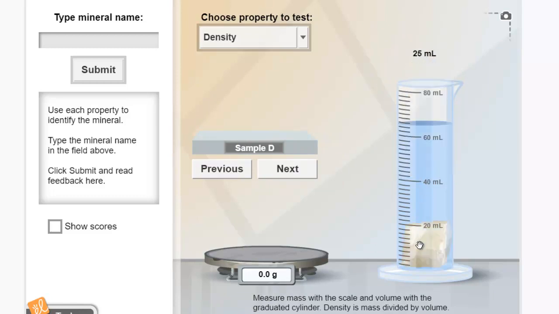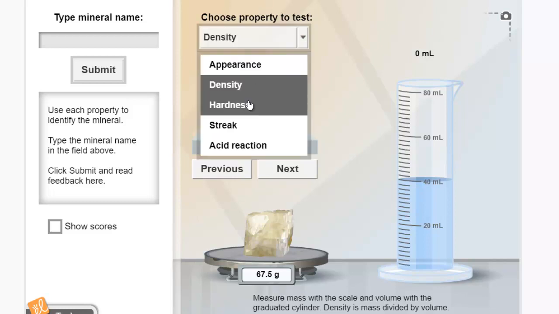Drop it in the beaker cylinder and you get 25 milliliters. So 67.5 divided by 25 equals 2.7 grams per milliliter. That's the density, 2.7. Okay, let's now go to hardness.